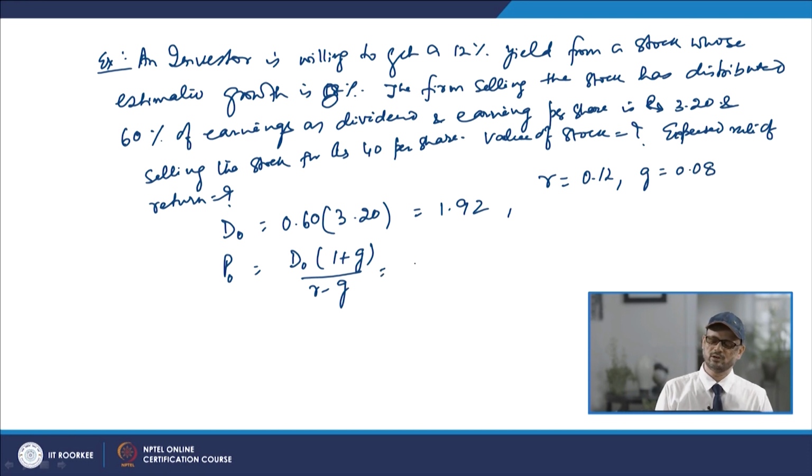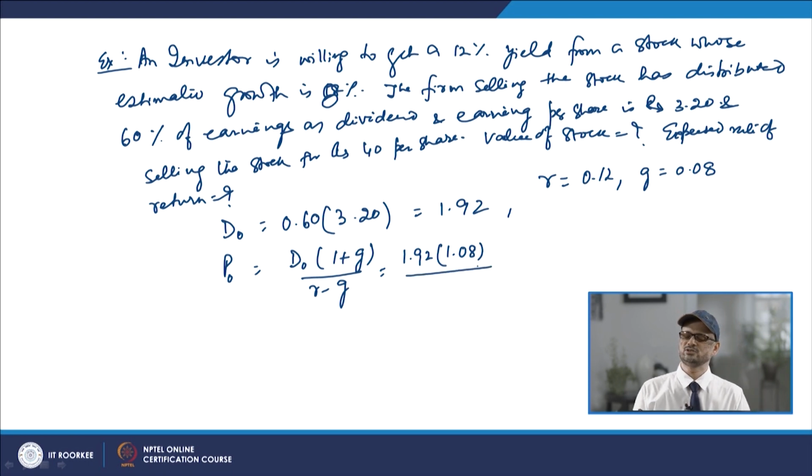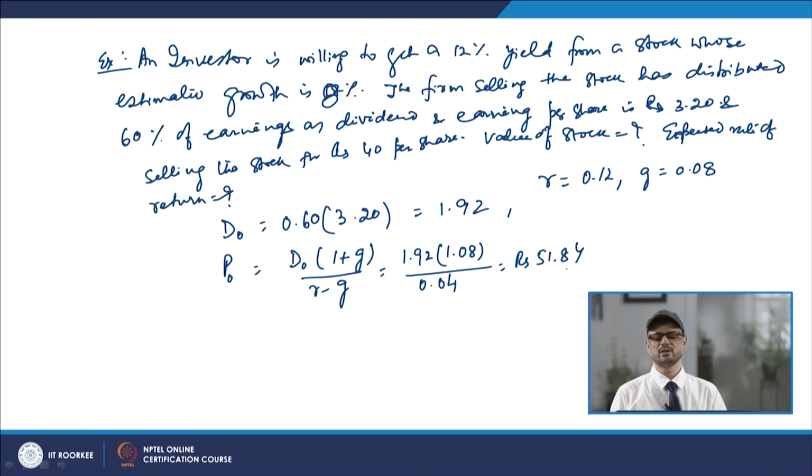So you put in this formula: 1.92 times 1 plus G, so 1.08, divided by R minus G, so 0.04. Then you will get rupees 51.84. So this will be the current price of the stock.